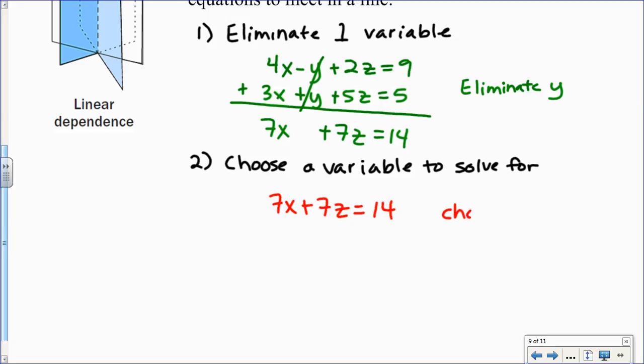Let's choose x. It doesn't matter, you could pick z. It will make your answer different depending on which one you choose, but it does not mean it's incorrect. As long as you do all your work correctly, it doesn't matter which one you choose. If I'm going to solve for x, then I need to subtract 7z. So negative 7z plus 14, and then divide by 7.